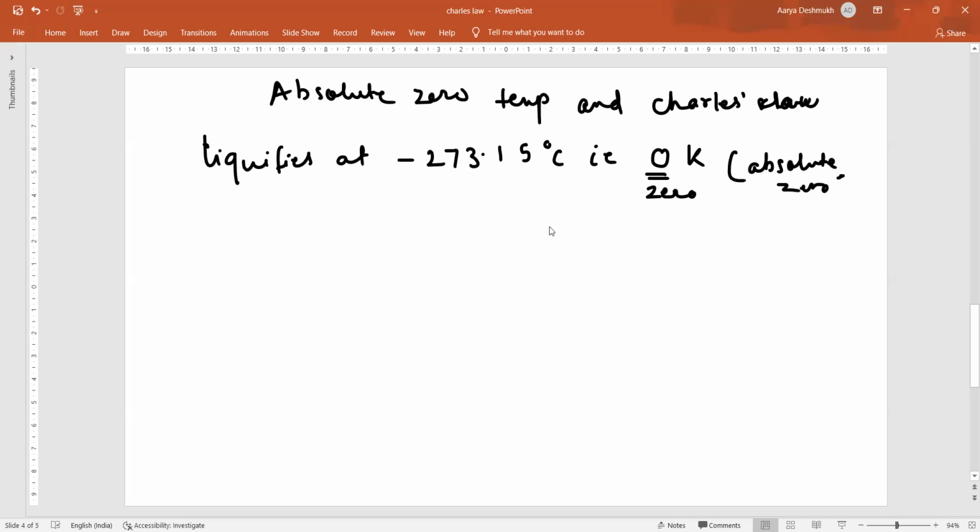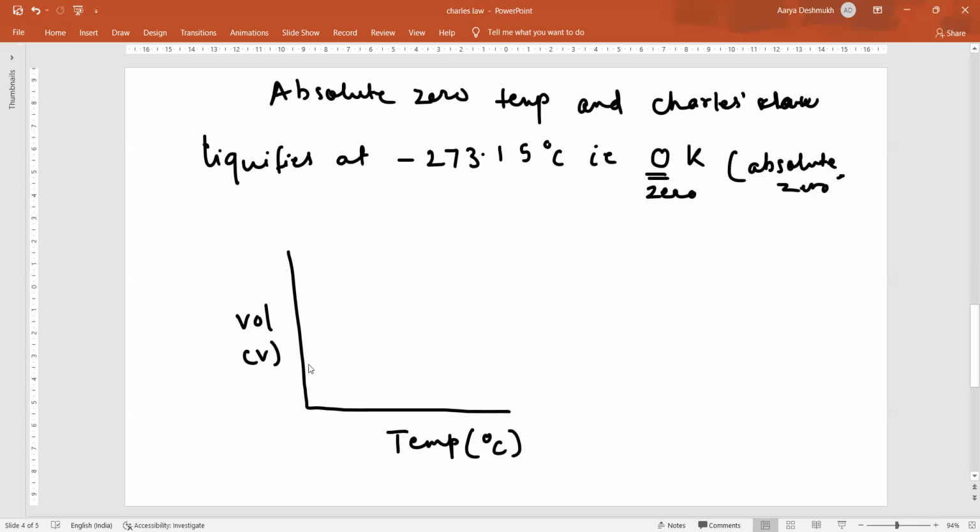Now here you can draw one graph for this. I'll try to draw it here. This graph can be drawn this way: temperature on the x-axis in degrees Celsius and volume on the y-axis, at a particular pressure, because we are talking in terms of Charles law, so the pressure should be constant. Suppose at a particular pressure P1, this is the graph you get.